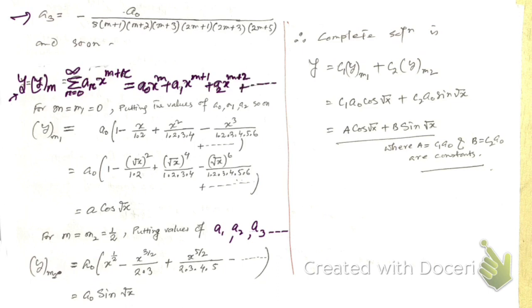Now if we put m equal to m1, one root, and also put the values of a1, a2, a3 in terms of a0, and so on, right?